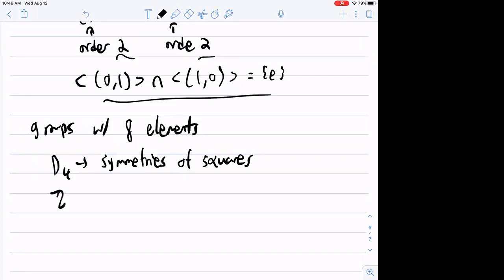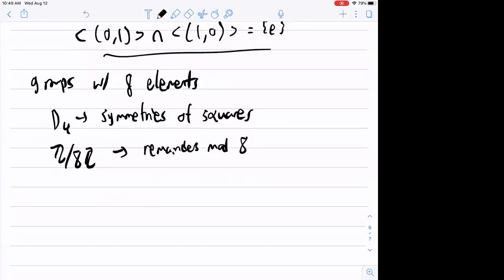And then there's Z mod 8Z, the remainders mod 8. And then, if you take all the coprime elements, they form a group under multiplication.